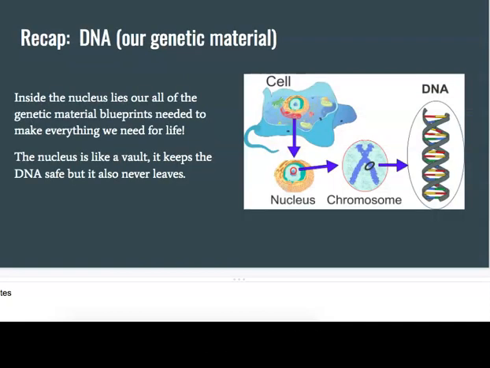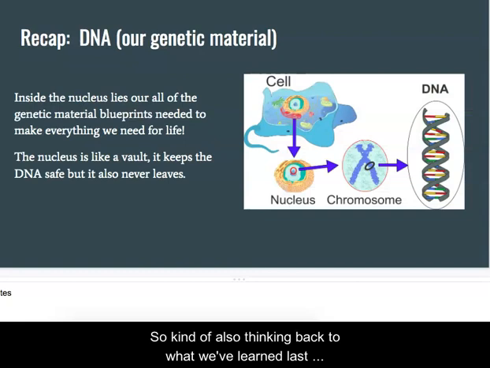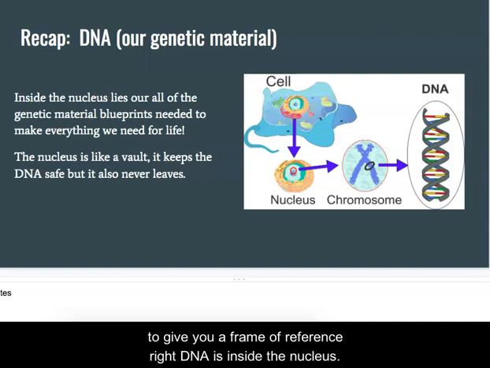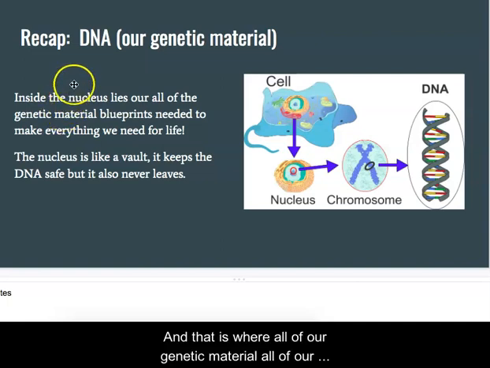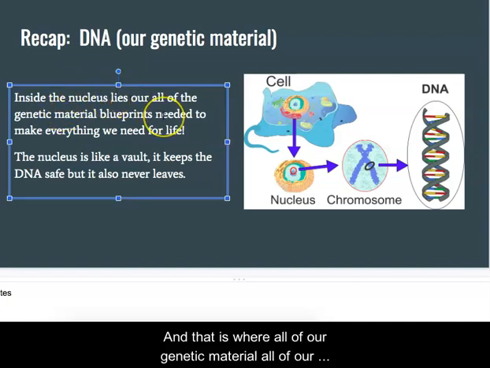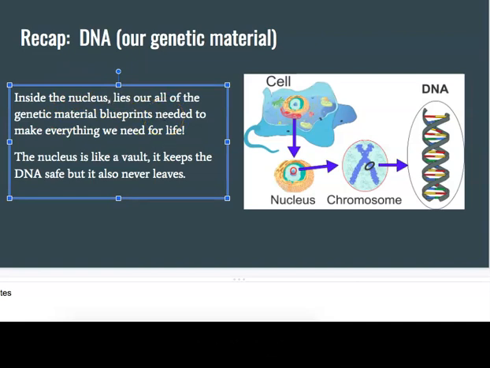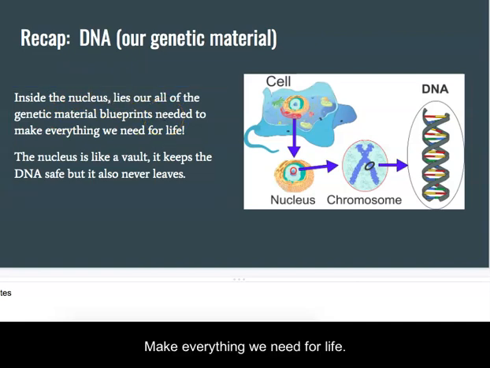Okay, thinking back to what we learned last time, and you don't have to write this part down, I just want to give you a frame of reference. DNA is inside the nucleus, and that is where all of our genetic material, all of our blueprints to make everything we need for life, live.